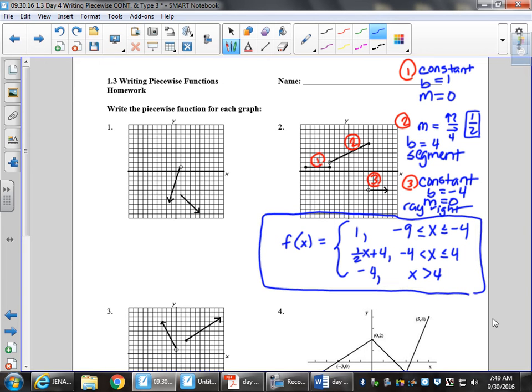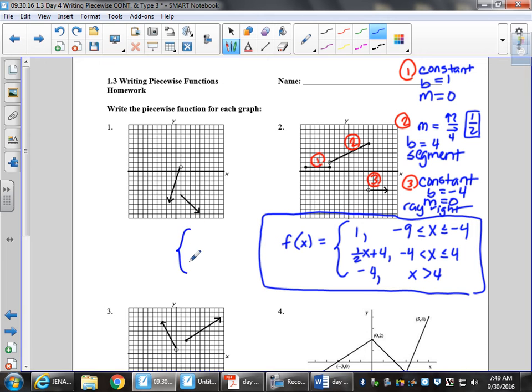And we're done. Yes? In piecewise functions, would you ever see x equals 0? Are you saying x as a function here? No, like x over here. We could. Anything is possible. That would be an ordered pair, right?